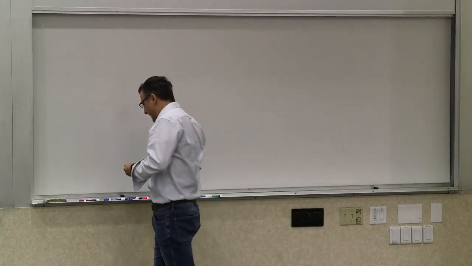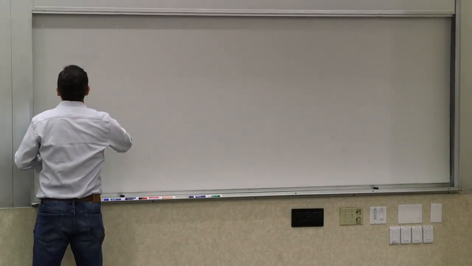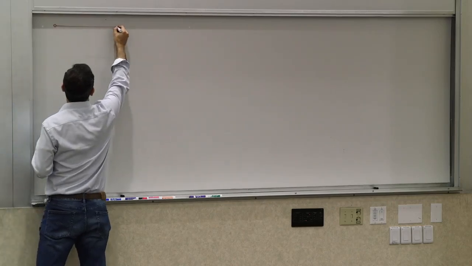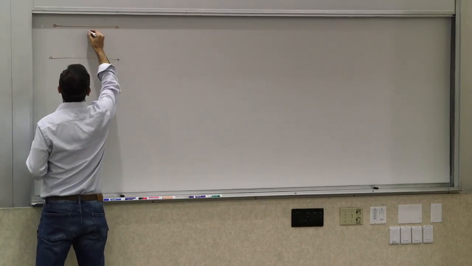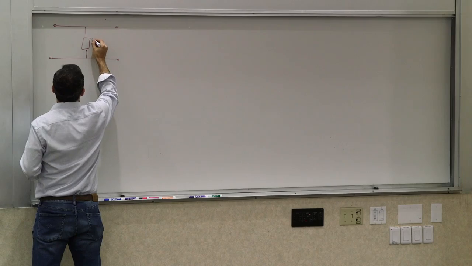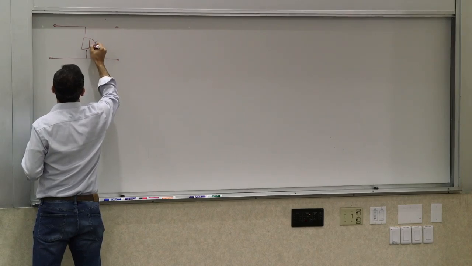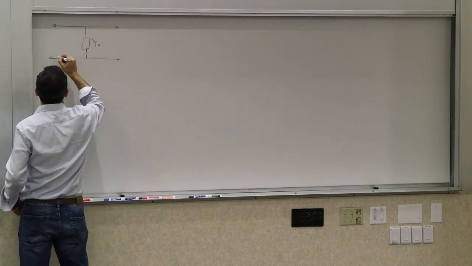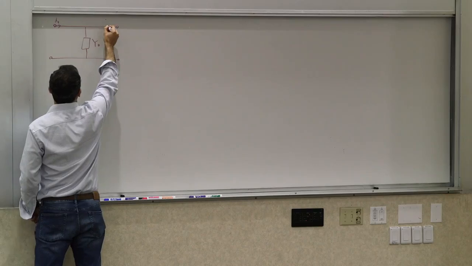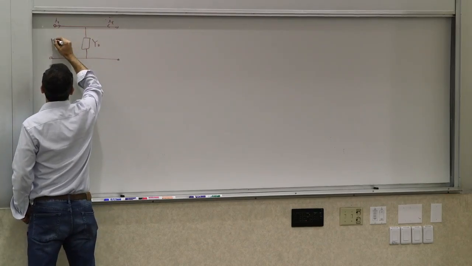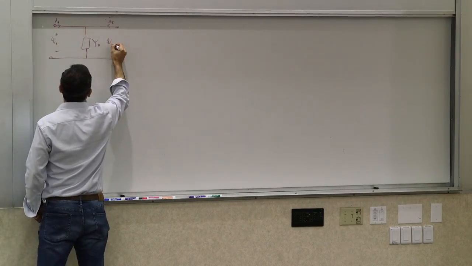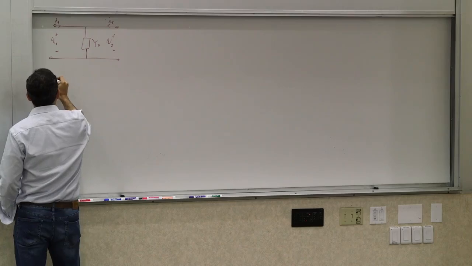So as a first example, consider this simple network. Let's consider a network where you have an admittance Y connected in parallel. So this is I1, I2, V1, and V2. And let's find the parameters.